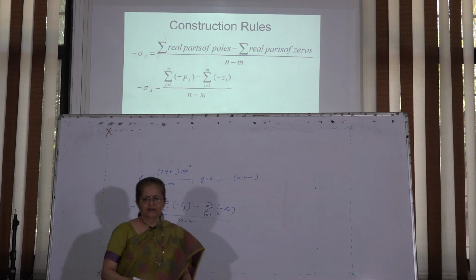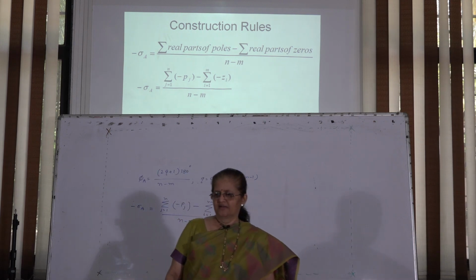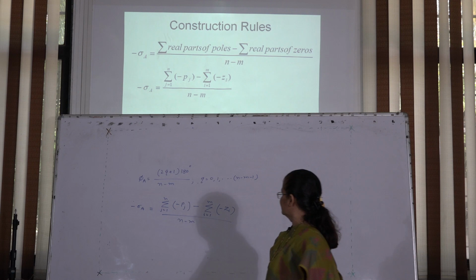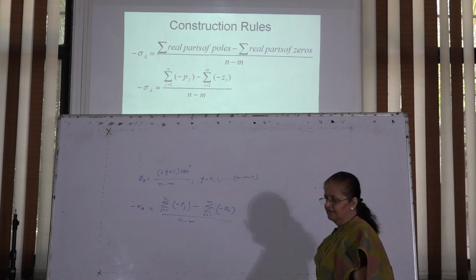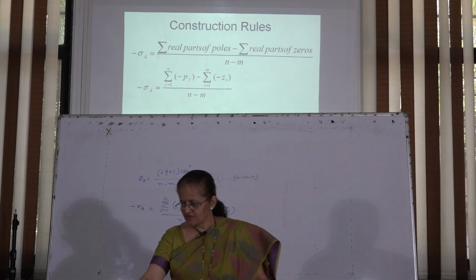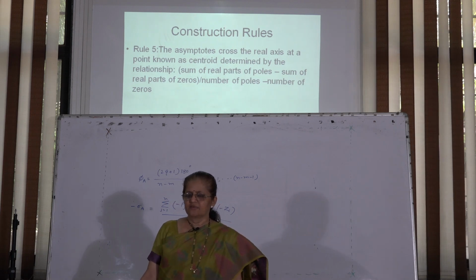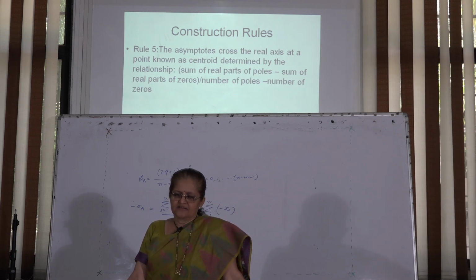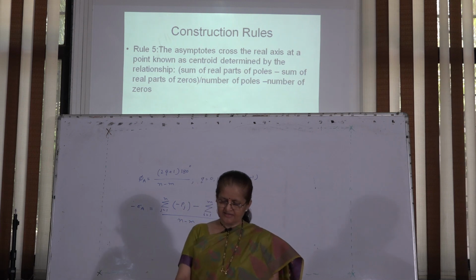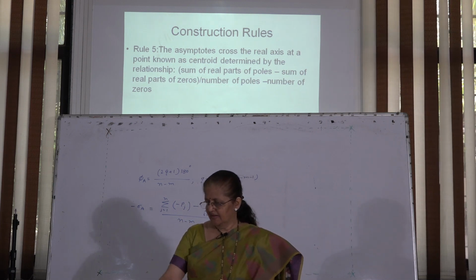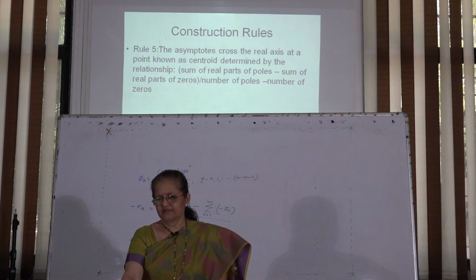So mathematically we can represent the formula like this. What is the centroid? The point where the asymptotes cross the real axis is called the centroid, and we get the formula in this way.